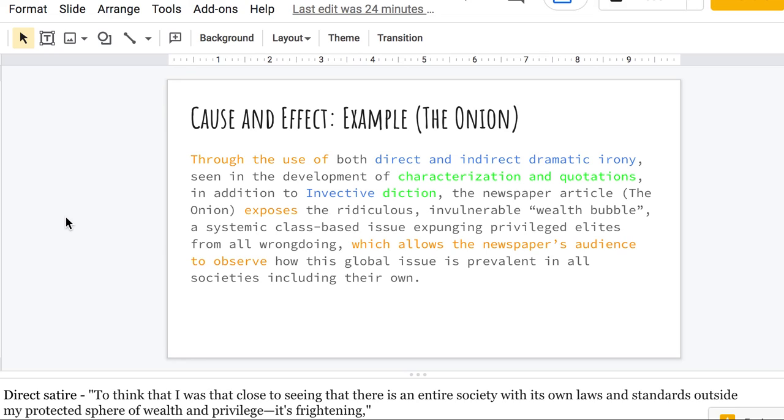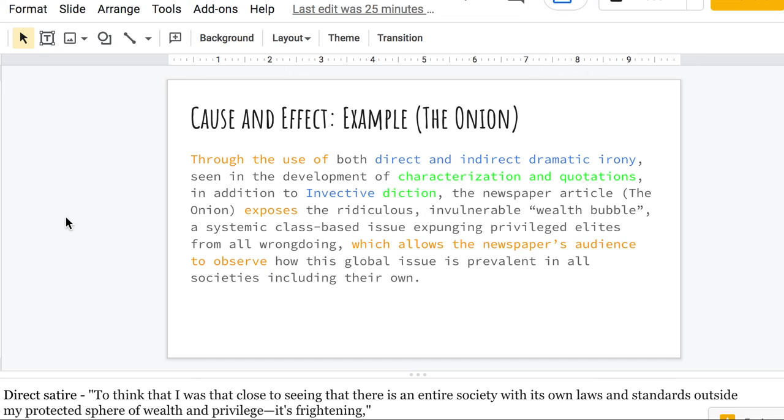I talk a little bit about characterization and quotations, again examples of things that I employ in my work. Invective diction, and then the effect is that I'm exposing the ridiculous and invulnerable wealth bubble, which allows the newspaper's audience to observe. So I'm really thinking about who my audience is, how they're receiving my text, and what they are supposed to be learning about my text if I was, per se, writing this Onion article. And that is cause and effect thesis writing.